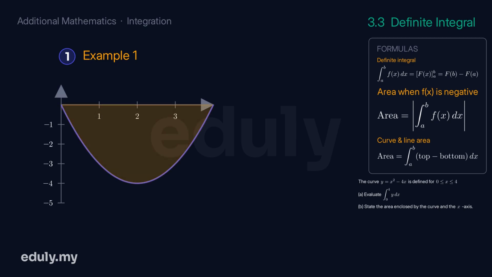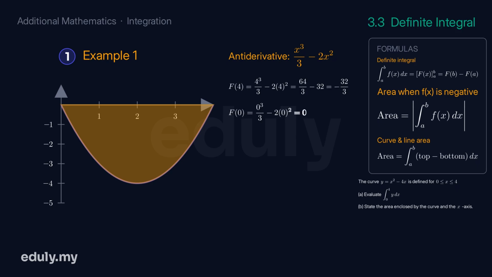Find the antiderivative first. x cubed over 3 minus 2x squared. Evaluate at the top limit, x equals 4, minus 32 over 3. Evaluate at the bottom limit, x equals 0, 0. Subtract. The definite integral is minus 32 over 3.